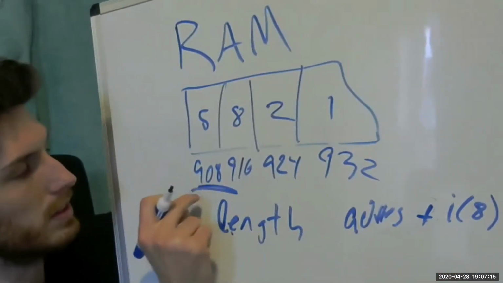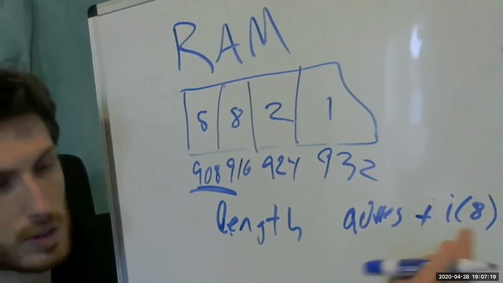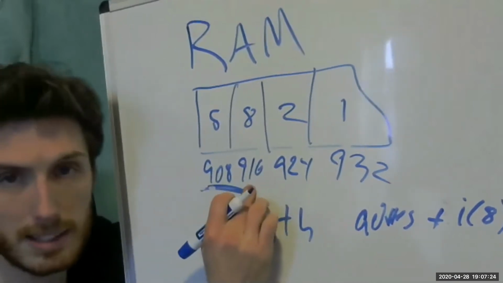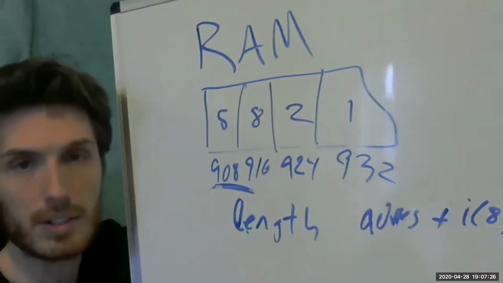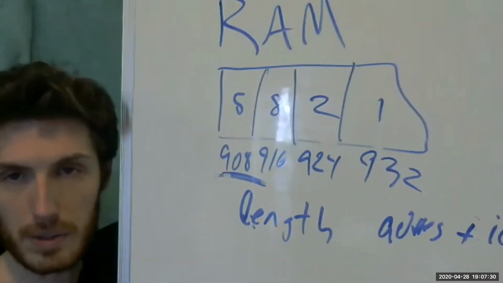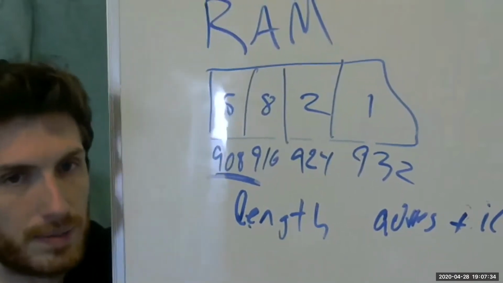Our address is 0 plus 908. 1 times 8 for the first index is 8, and we go to the next element so we can see the 916. And so we can instantly key into these arrays super fast. Okay, so this is arrays on like the RAM level.